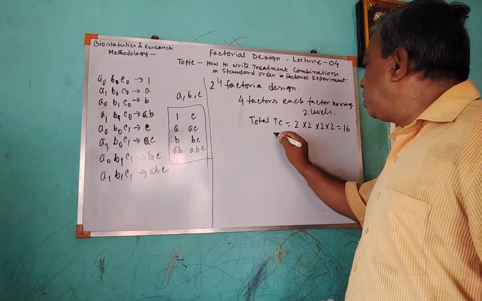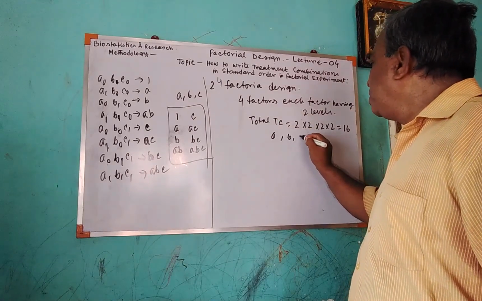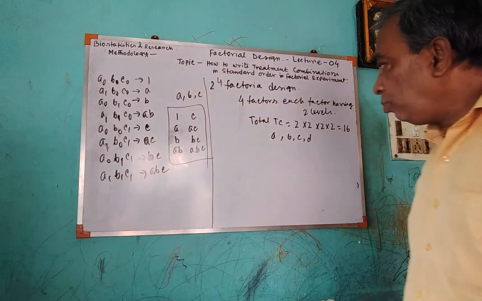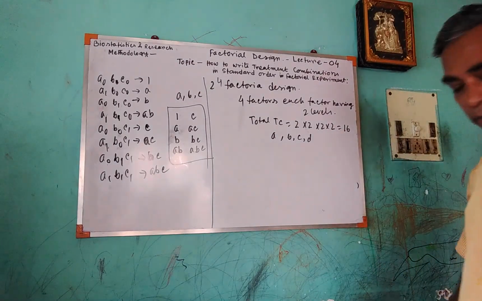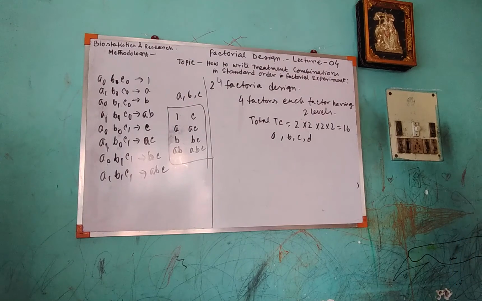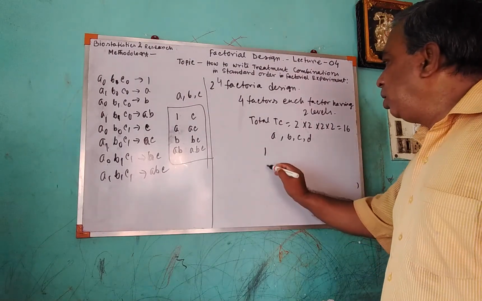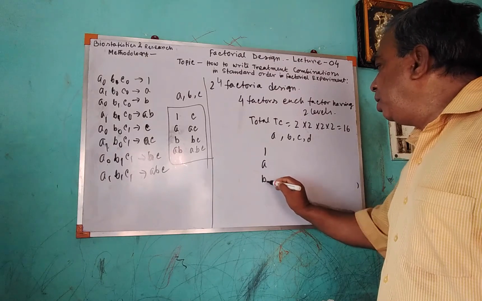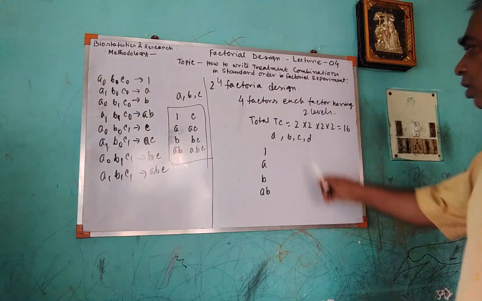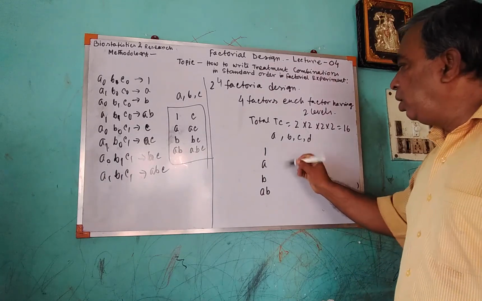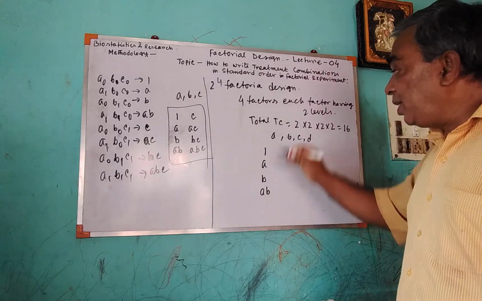There are 4 factors, suppose A, B, C, D. So how to write 16 treatment combinations? Just follow me. First 1, then A, then B, then AB. Then multiplied by C. This is the standard order.